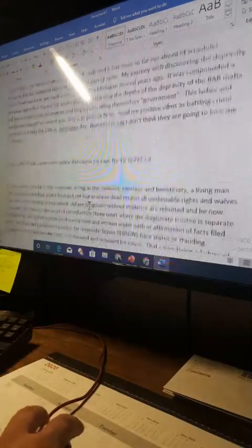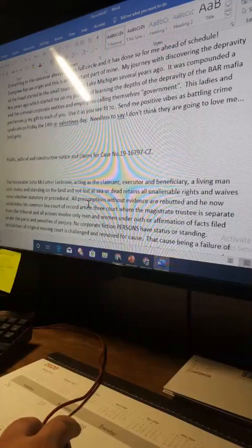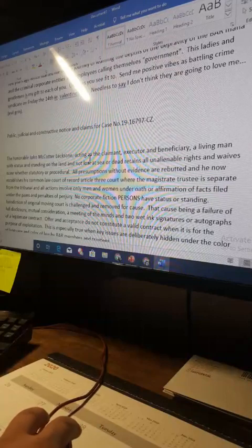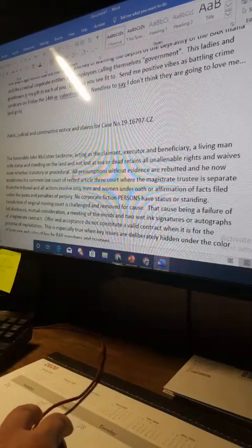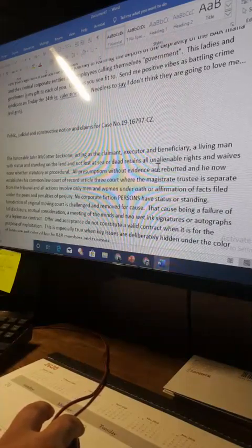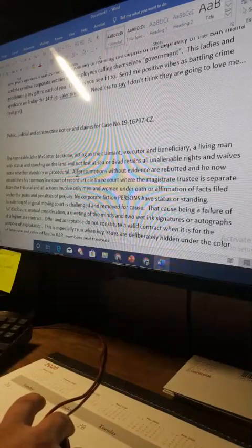Evil grin. Public judicial and constructive notice and claims for case number 19-16797-C7. The Honorable John McCotter Lacron, acting as the claimant, executor, and beneficiary, a living man with status and standing on the land and not lost at sea or dead, retains all unalienable rights and waives none, whether statutory or procedural.